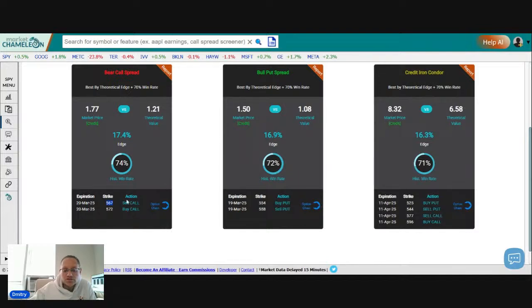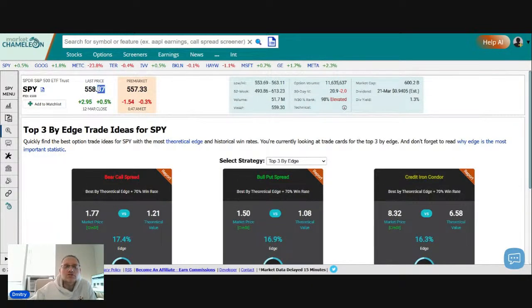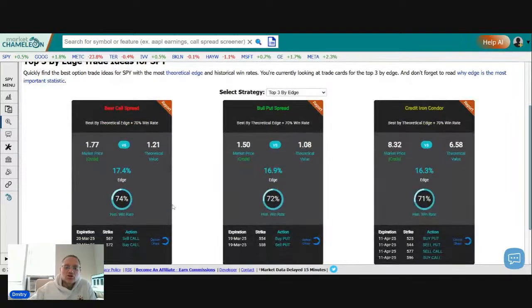You could see that both strikes are above the current stock price. The cost of it is a credit of $1.77. So you're basically receiving a credit for selling this call spread. That would be your potential profit. Right? That's if both options expire worthless, you stand to make $1.77.